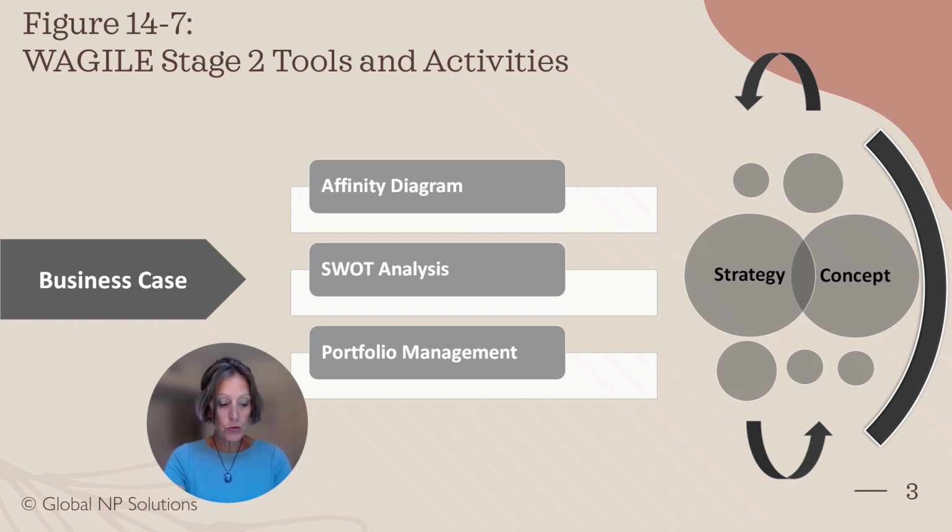Stage 2 tools. In the opportunity identification stage of WAGILE, the team spends time generating ideas and concepts. Using tools like brainwriting, the list of opportunities may number into the hundreds. Some high-level screening of these concepts has been done by trialing ideas with potential customers. Yet entering stage 2, the team typically has more ideas than time and money.